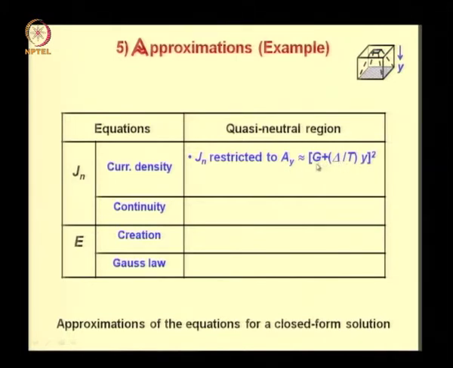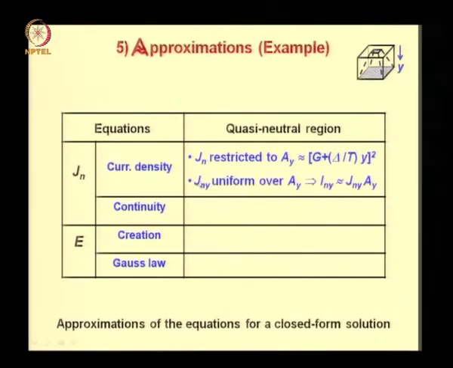You can see that this formula is correct. If I put y equal to 0, that is the top contact, I get area as g square, which is the area of the top contact. When I put y equal to t, which is the distance between the two contacts, I get (g plus delta) whole square, which is the area of the bottom contact.